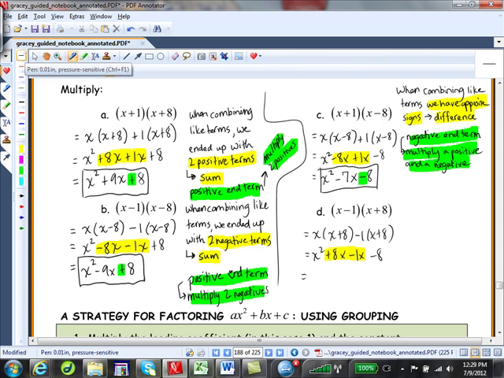This time the positive is in front of the 8, so we'll get x squared plus 7x's minus 8. Alright. So really, do you see that in this case we end up with the same situation? So these words apply to both that I had just done for part C.